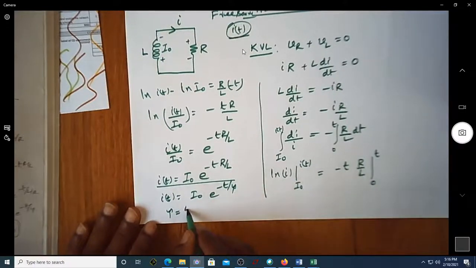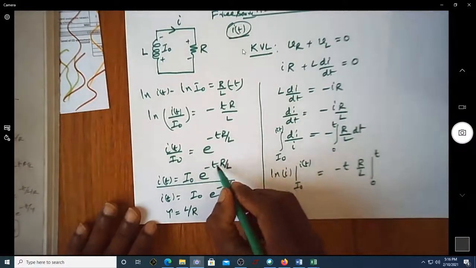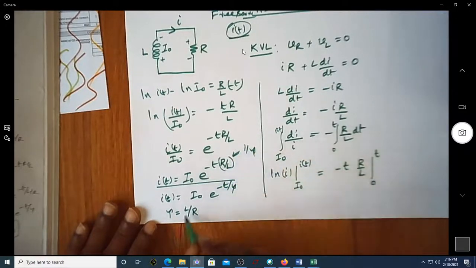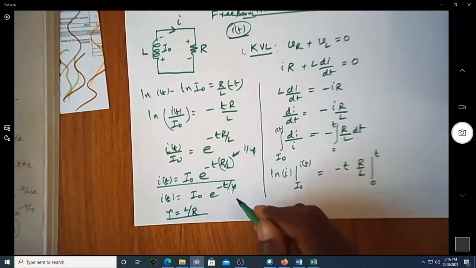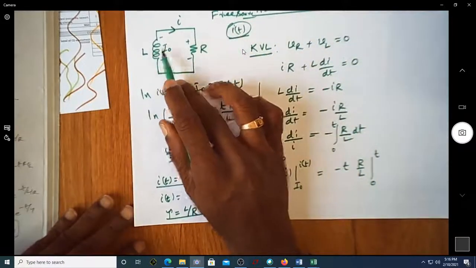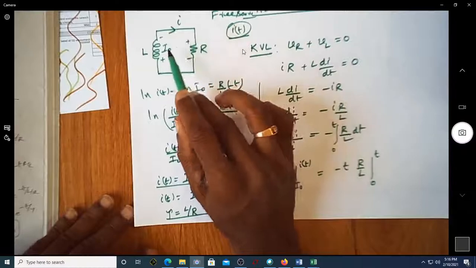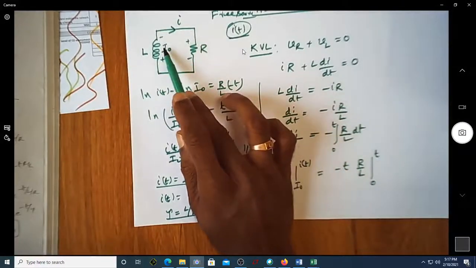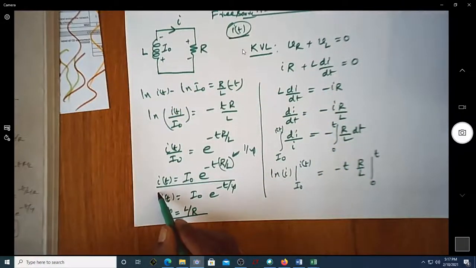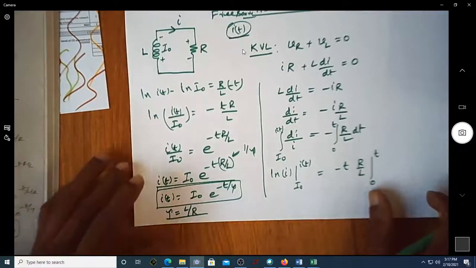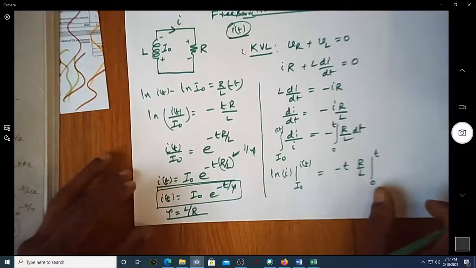Tau is given by L by R, because this R by L is equal to 1 over tau, so tau is equal to L by R. So for a source free RL network, assuming a current of I naught initially stored in the inductor, if you connect a resistor to it, the current is given by I naught, the initial current, multiplied by e power minus t by tau, where tau is the time constant of the circuit, which is nothing but L by R.